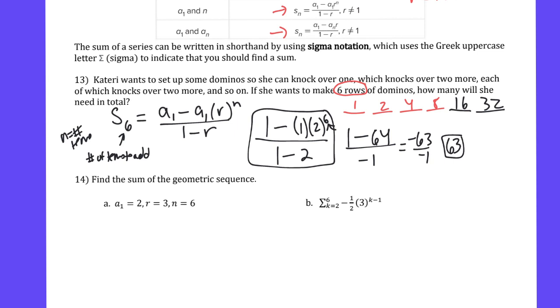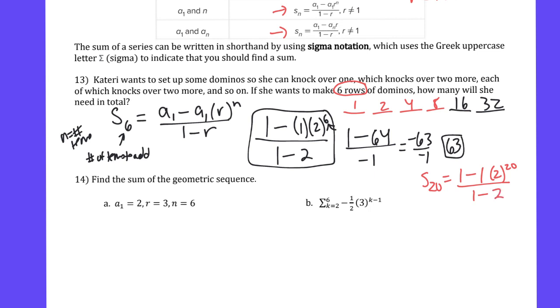If I'm like, you know what, that's pretty lame, let's try that with 20. Let's find the sum of the first 20 rows of dominoes. You would do the value of the first term minus the value of the first term times r, which is 2, to the n, and we want 20, over 1 minus r, which is 2.